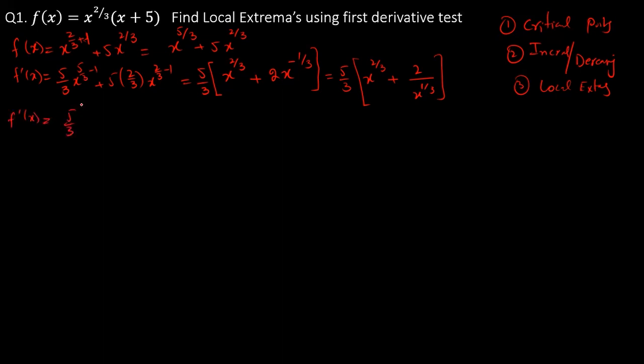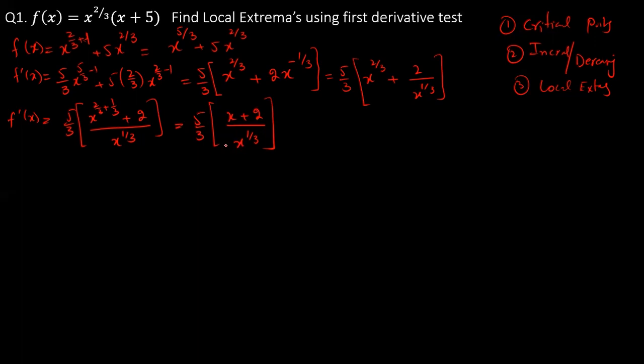We take 5 by 3 common, and when we take the LCM, it will give us x power 1 by 3, and this is 2 by 3 plus 1 by 3, and after that it will give us 5 by 3 times x plus 2 by x power 1 by 3. So now we have to check for what values of x the function is 0, and for what values of x the function is undefined.